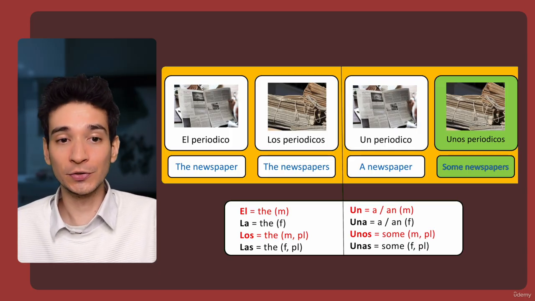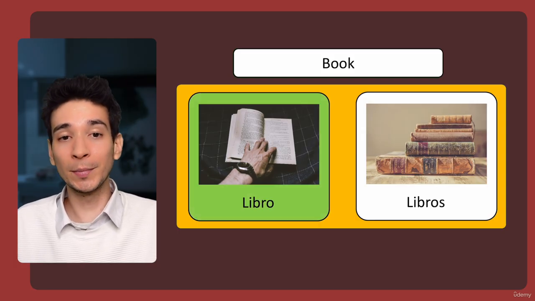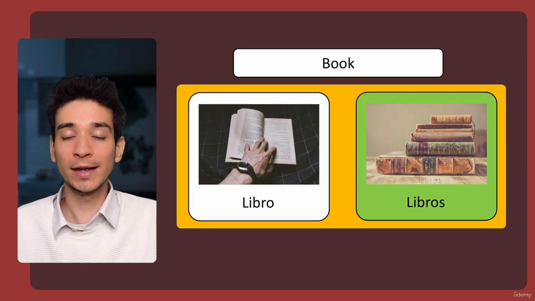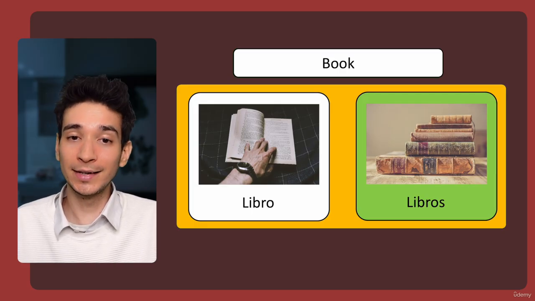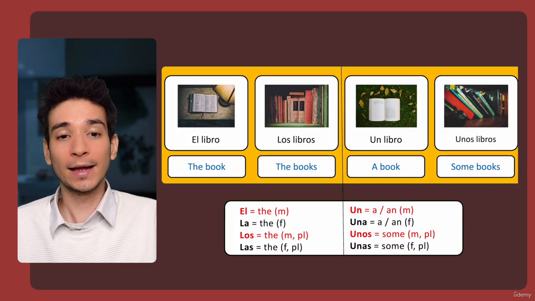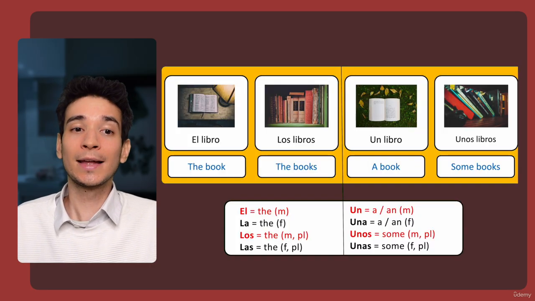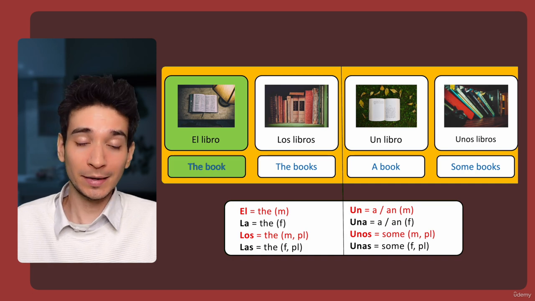Another example is libro, which means book. And if you want to make it plural, you add the letter S. Libros. And once we add the articles, el means the. El libro, the book.